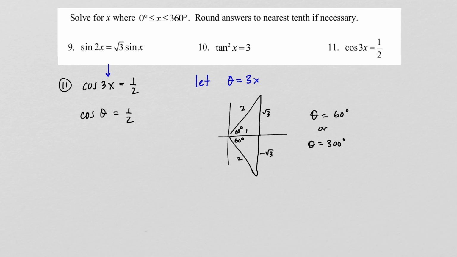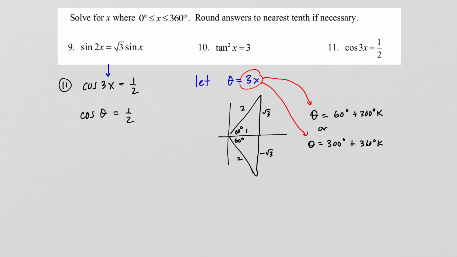But the way we approach this is we need to find all solutions first. So when I say theta equals 60, let's remember that if we add a full revolution to this, that would also be a solution. So I'm going to add 360 degrees multiplied by k. And I'm going to do the same thing for the other angle as well. Then, remembering that theta is really 3x, I'm just going to put 3x in here for theta.